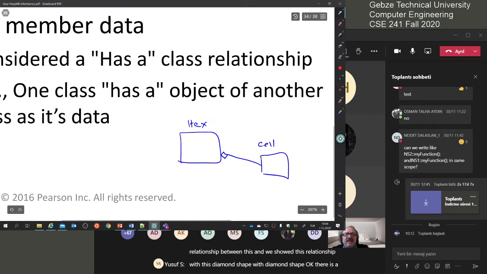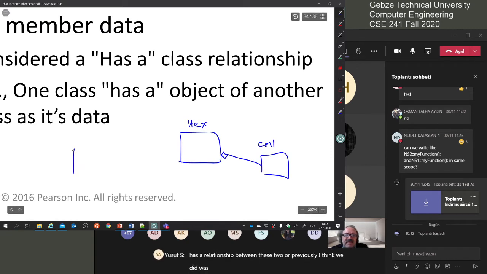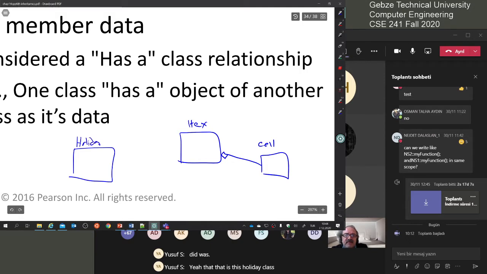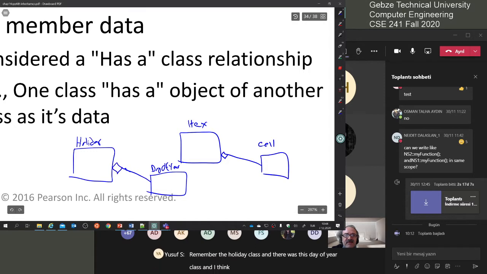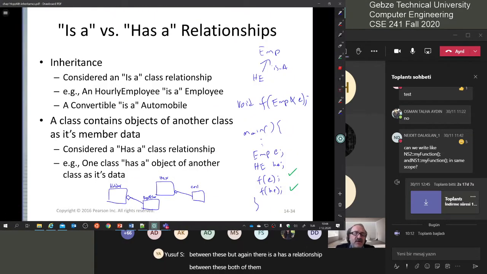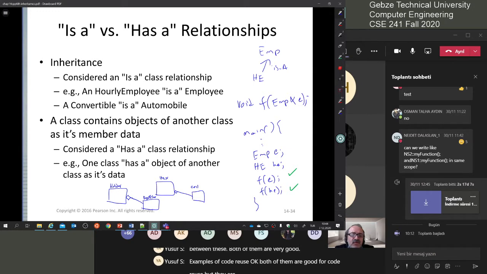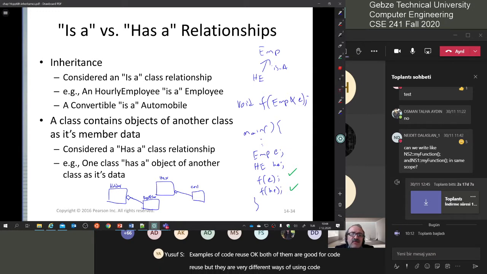Or previously, we did the holiday class. Remember the holiday class? And there was this day of year class. There is a composition between these, again a HASA relationship. Both of them are very good examples of code reuse, but they are very different ways of using code reuse.